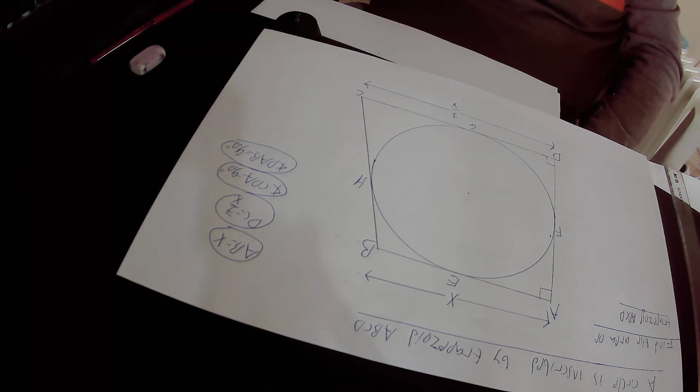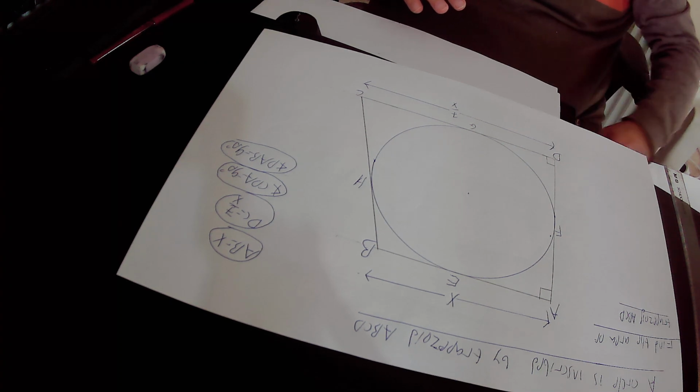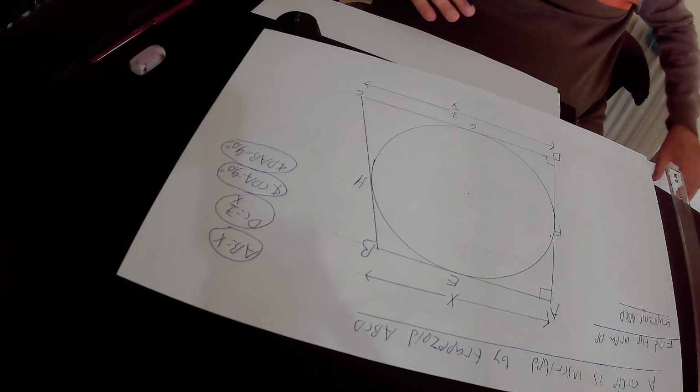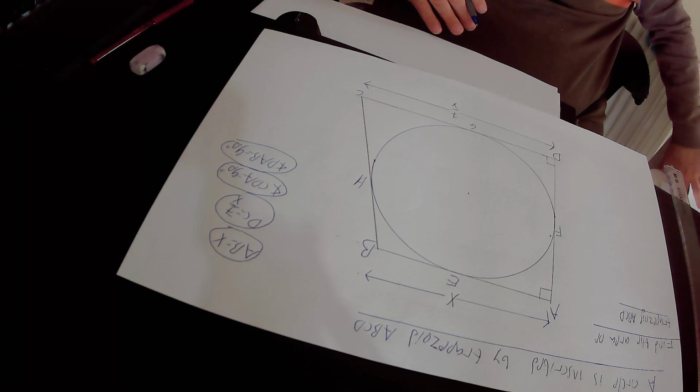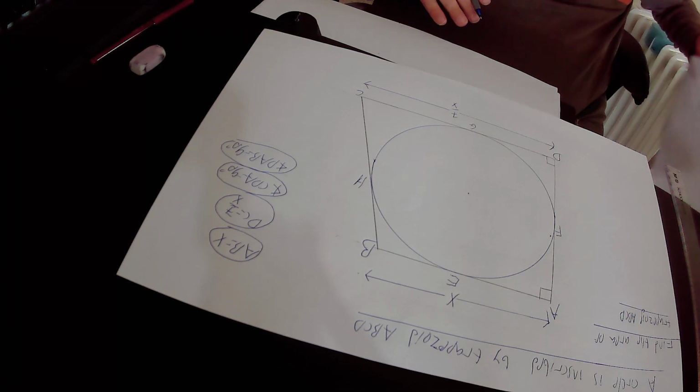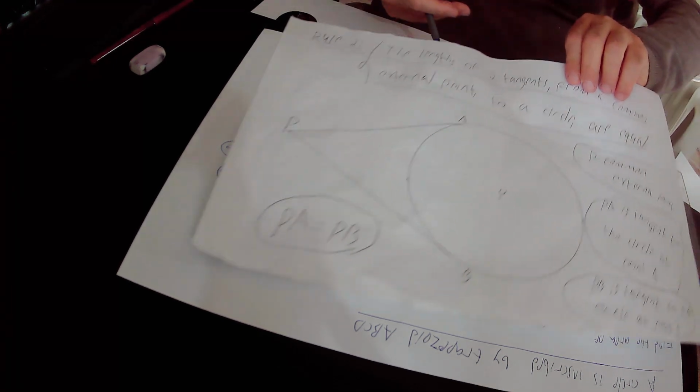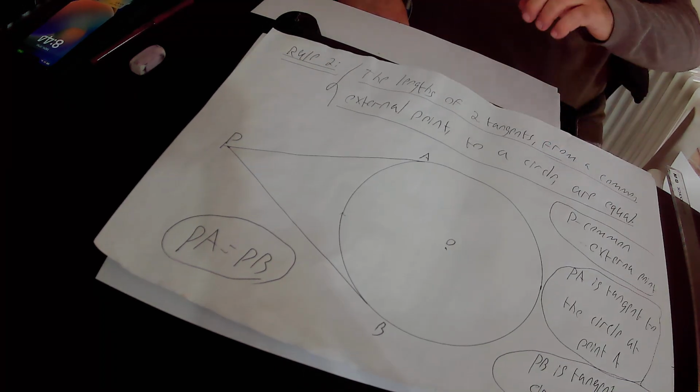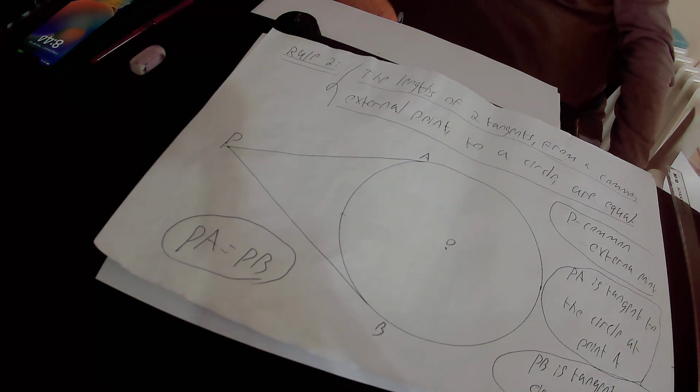So here we can implement rule 2. I'll repeat quickly on rule 2. According to rule 2, the lengths of two tangents from a common external point to a circle are equal.